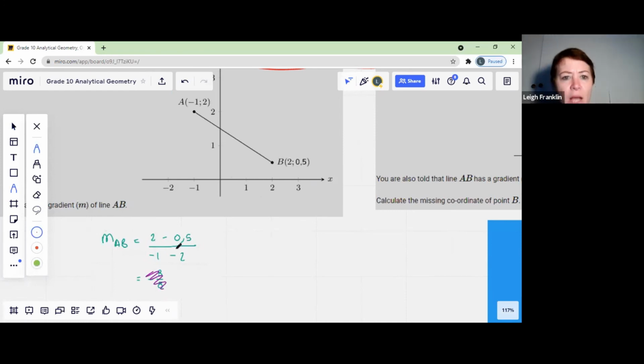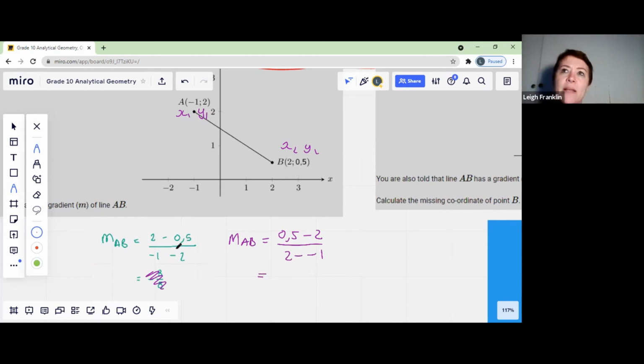All right, so if we call this one x1, y1, x2, y2, now we're going to sub into the gradient of line AB, and we're going to say 0,5, that's y2, minus 2 over 2 minus -1.